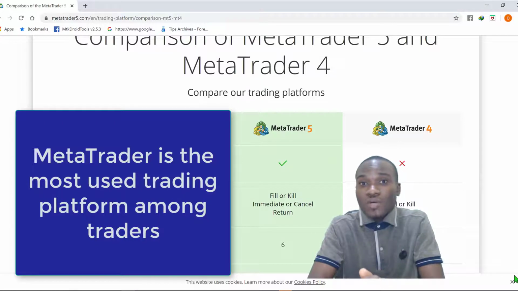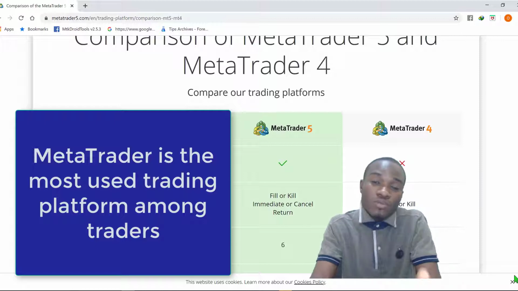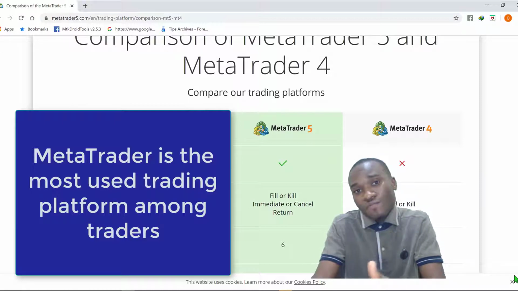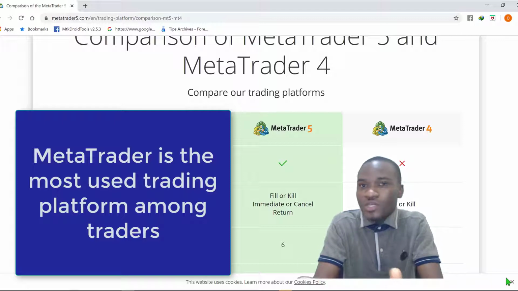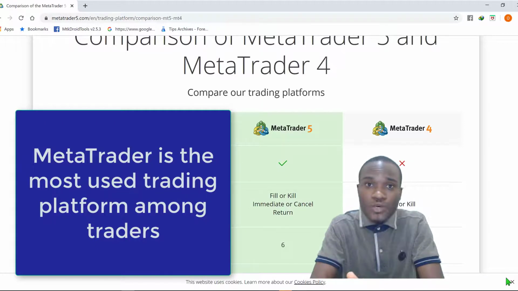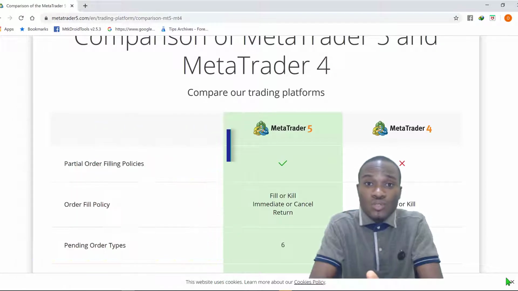Hardly can you find a brokerage firm which does not offer their trading service on these two trading software. Although the Metatrader 4 is more commonly used by forex traders in the world and most commonly offered by brokerage firms, the Metatrader 5 is not offered by most brokerage firms around the world.